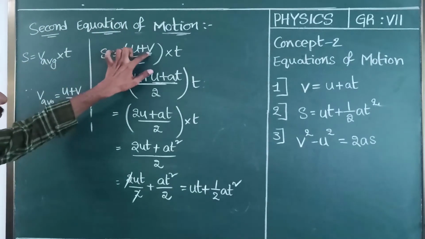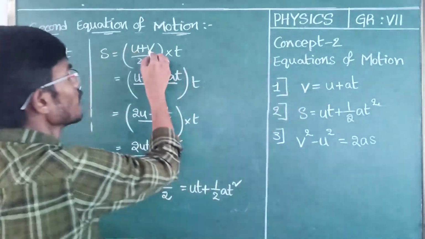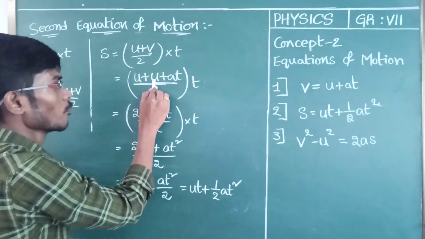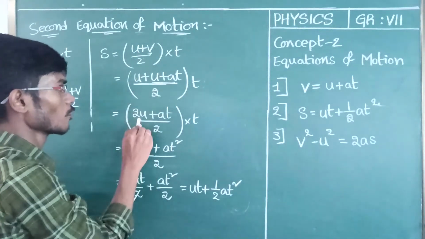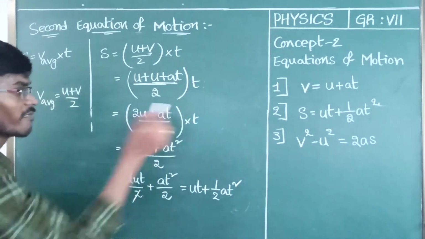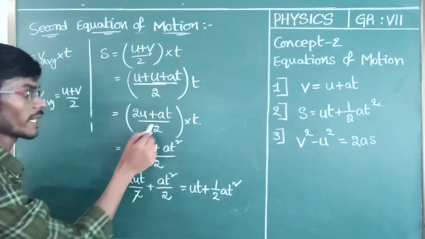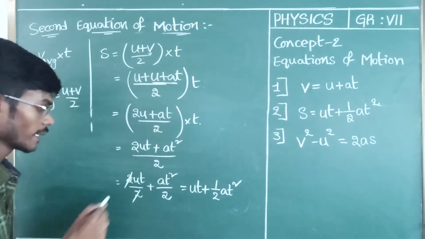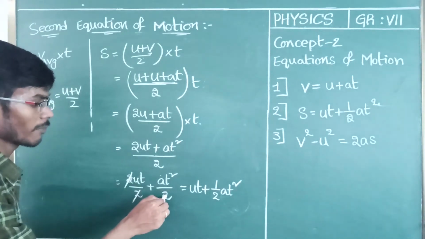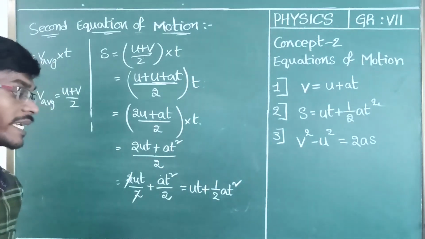Then from the first equation of motion, v is equal to u plus at, we know the value of v and substitute it in the place of v. So u plus at, then u plus u, 2u plus at. Then multiply with t: 2u into t, 2ut, at into t, at square, divided by 2. Then 2ut divided by 2 plus at square by 2 is equal to ut plus half at square.